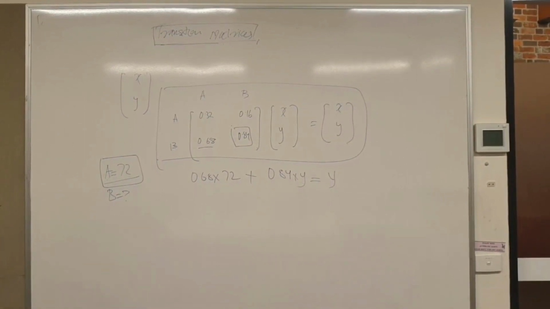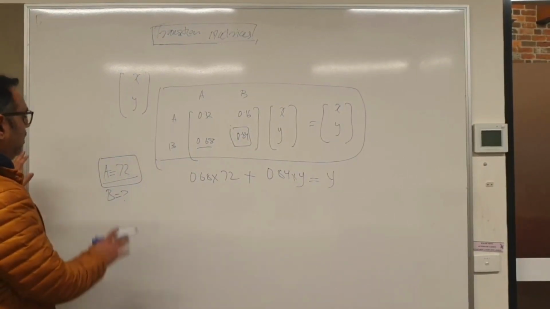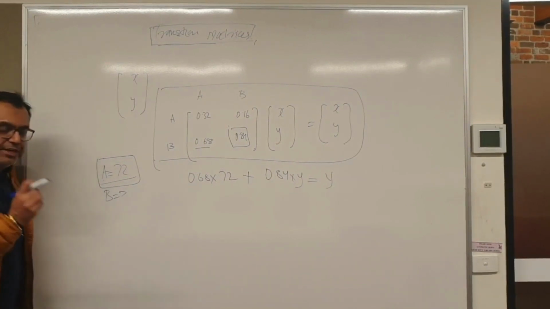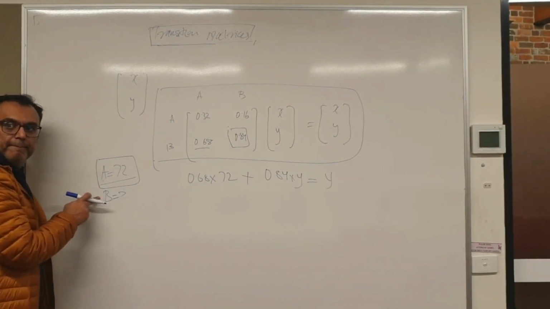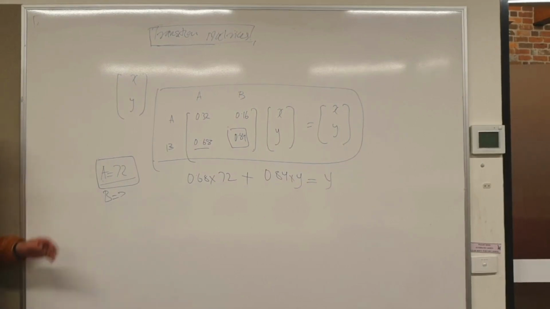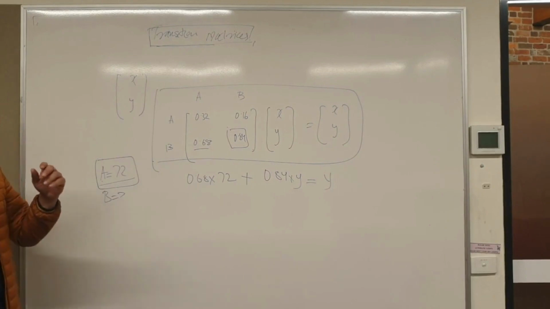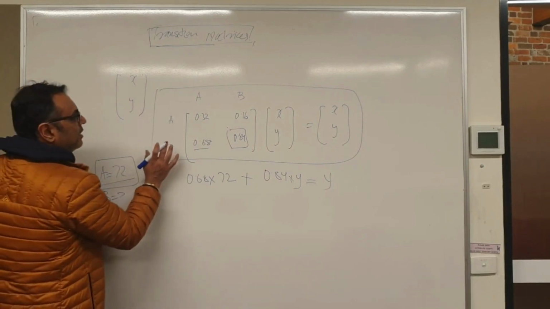Let's understand this. I am asked to find on a given day how many are there sitting on B, correct? How do I tell how many will be sitting on B?